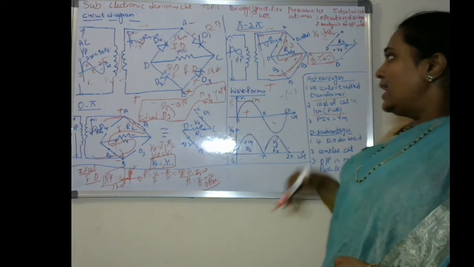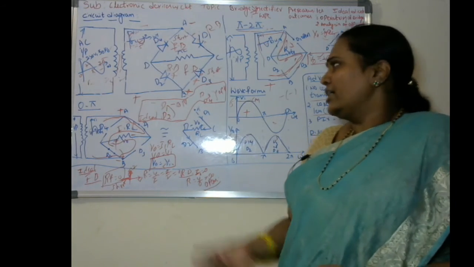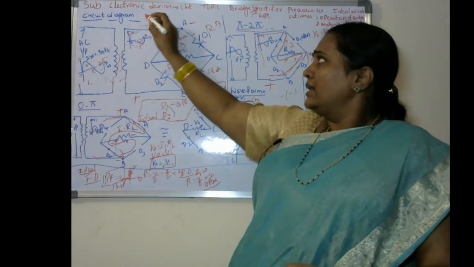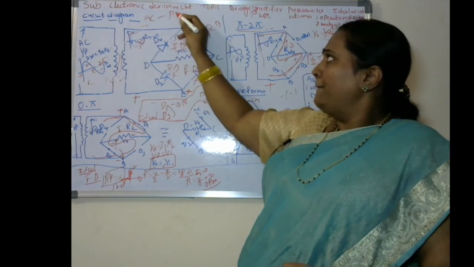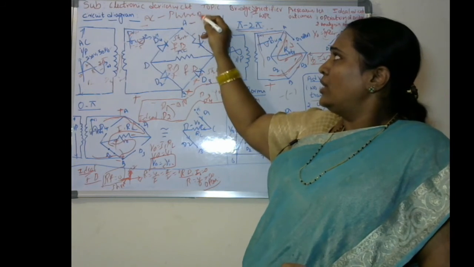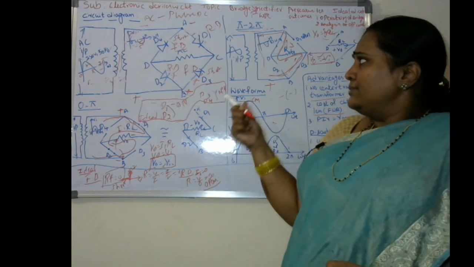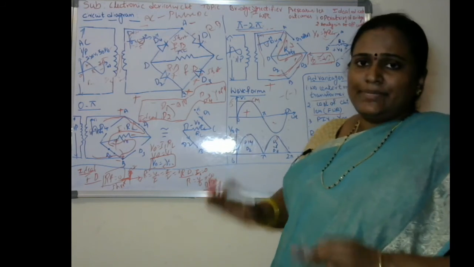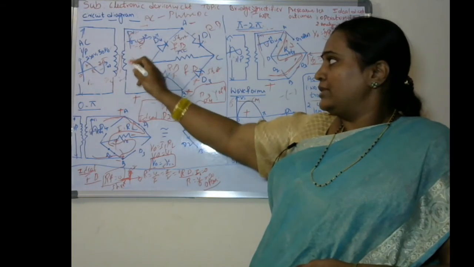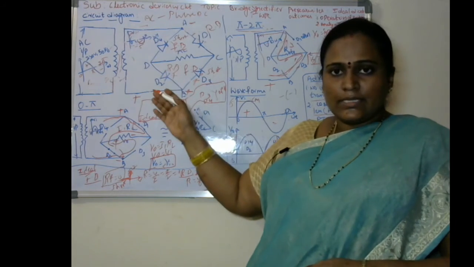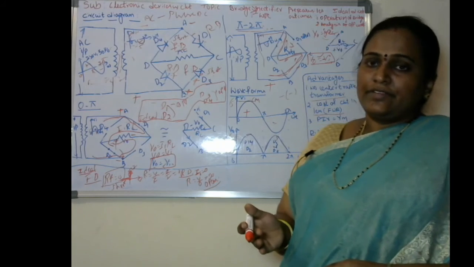And the third disadvantage, which all rectifiers share, is that it converts AC signals only to a pulsating DC signal, not a pure DC signal. And mainly we have to remember that in the bridge rectifier there is no center tap transformer, we are using only the step down transformer. So the cost is less when compared to the full wave rectifier.